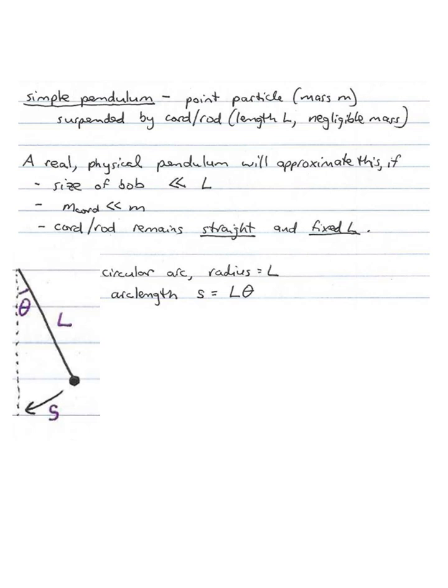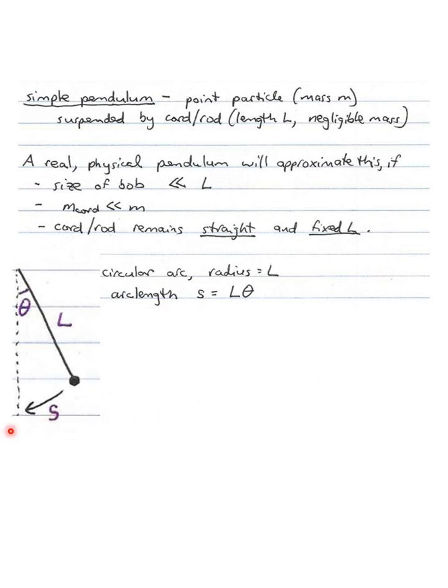A real physical pendulum will approximate this if the size of the bob is much, much smaller than the length. And so you can see my picture here. The mass of the cord is much, much smaller, meaning it's negligible compared to the mass of the bob. And the cord or rod remains straight and a fixed length. So it can't be a rubber band or something stretchy.